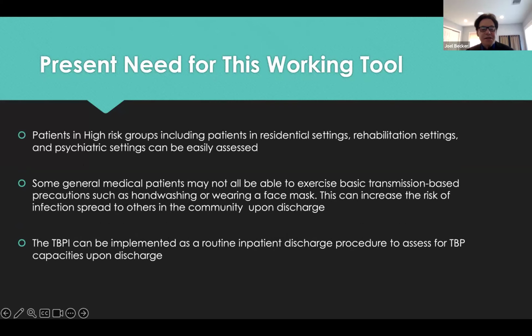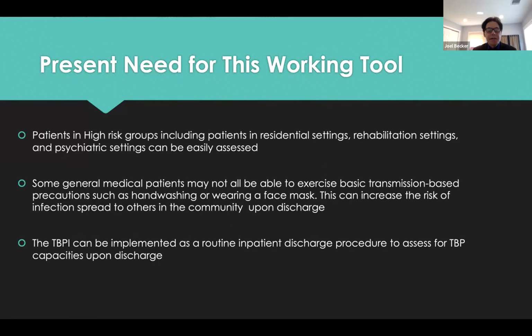Okay, patients in high-risk groups are particularly targeted by this inventory. So patients in residential settings, rehabilitation settings, and psychiatric settings would be considered high risk, although obviously there are other subgroups as well. And this tool is easy to use. It's used at bedside, used at time of discharge, and can come up with the ratings that we're looking for.